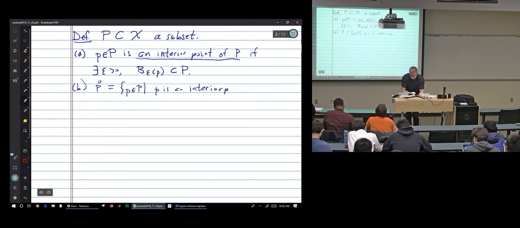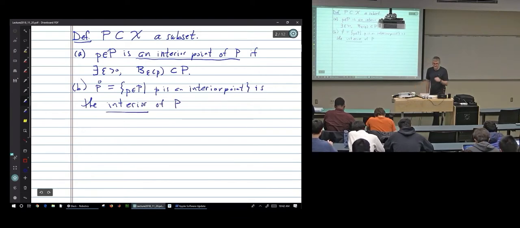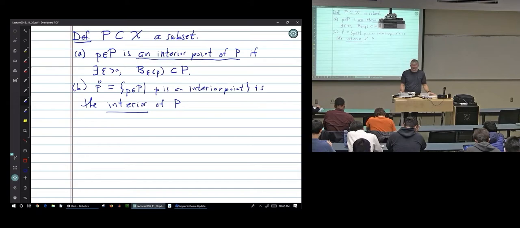Interior point is the interior of P. Okay.